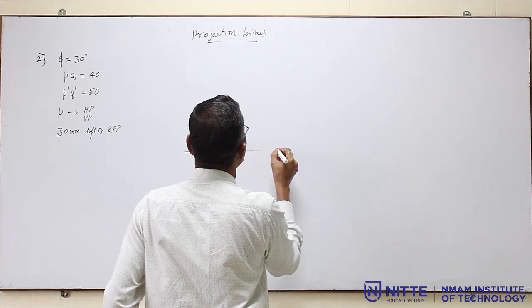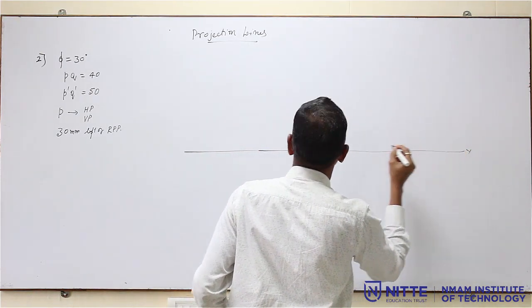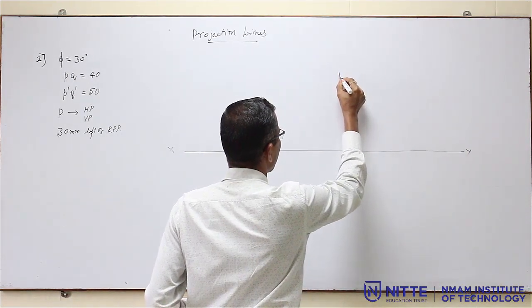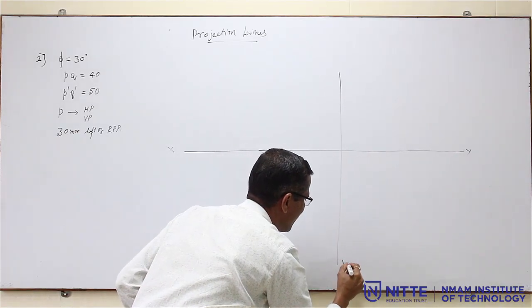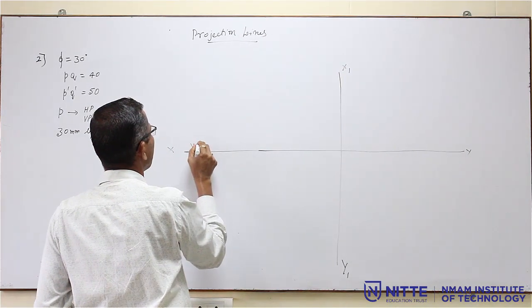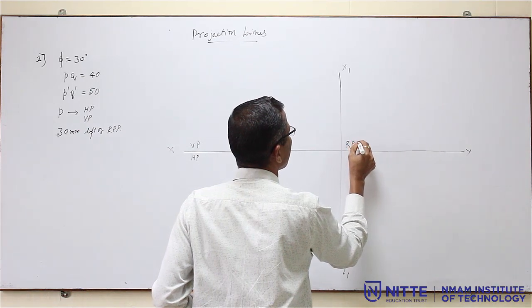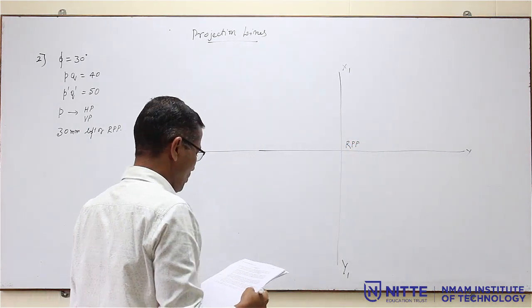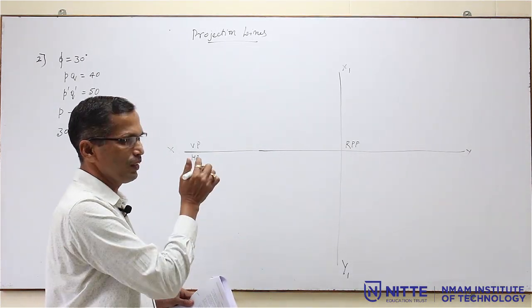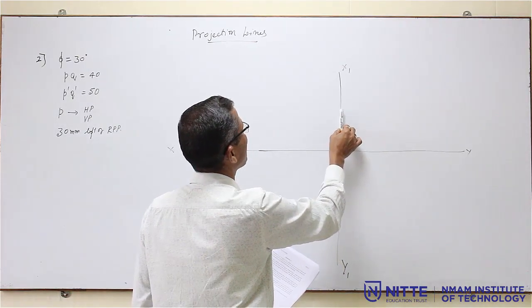So, first you draw the XY line. RPP is required, the right profile plane, they mentioned it. So, draw X1, Y1 also. This is VP, HP, RPP. Now, the point P is both on HP and VP, which means it is on the XY line, and it is 30 mm to the left of the right profile plane.